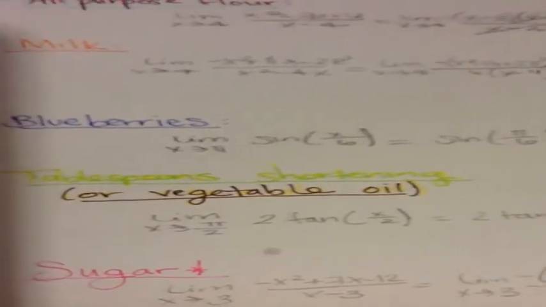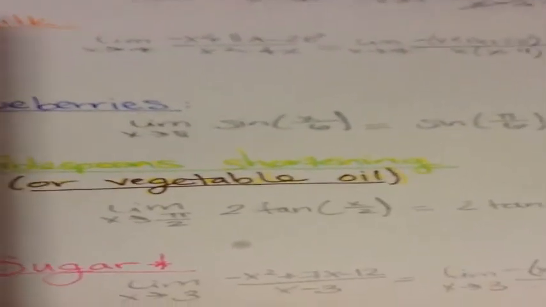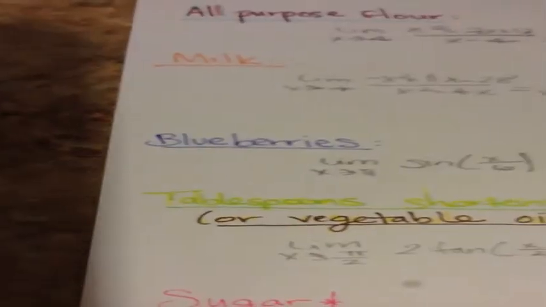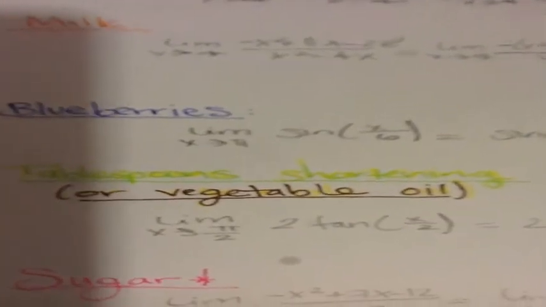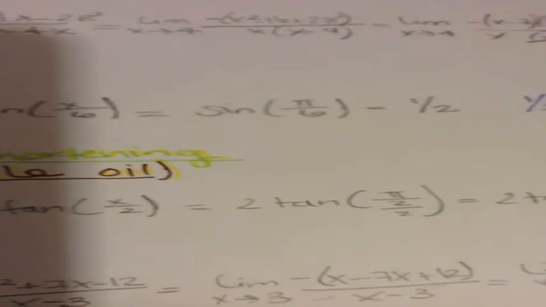Okay, so our next ingredient is shortening or vegetable oil. In order to know how many tablespoons we will need, we have to find the limit as x approaches pi over 2 of 2 times tangent of (x over 2). So I substituted pi over 2 for x in the equation, and I got 2 times tangent of (pi over 2 over 2).